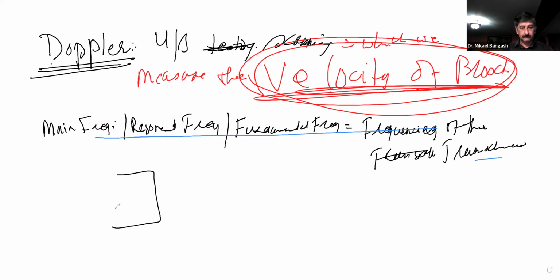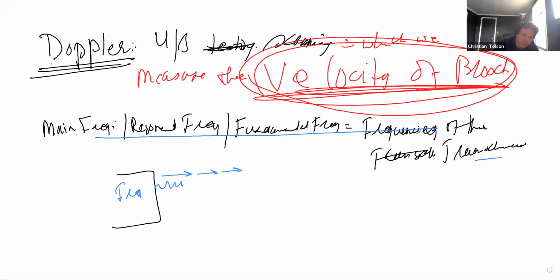The frequency of the sound wave that the transducer was going to be transmitting at was the main frequency, the resonant frequency, the fundamental frequency, or the frequency of the transducer. Is that clear? Yeah. Good.